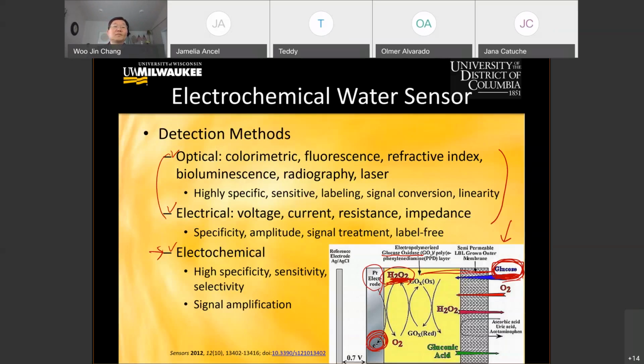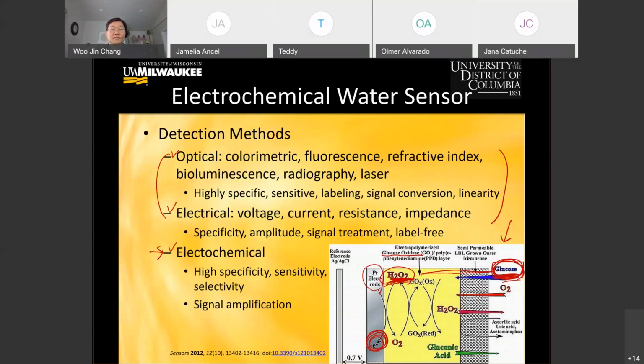So frequently, this electrochemical method can get us better sensitivity. We can detect lower concentrations of glucose with this method compared with the method that directly measures the glucose. That is the advantage of this electrochemical method.